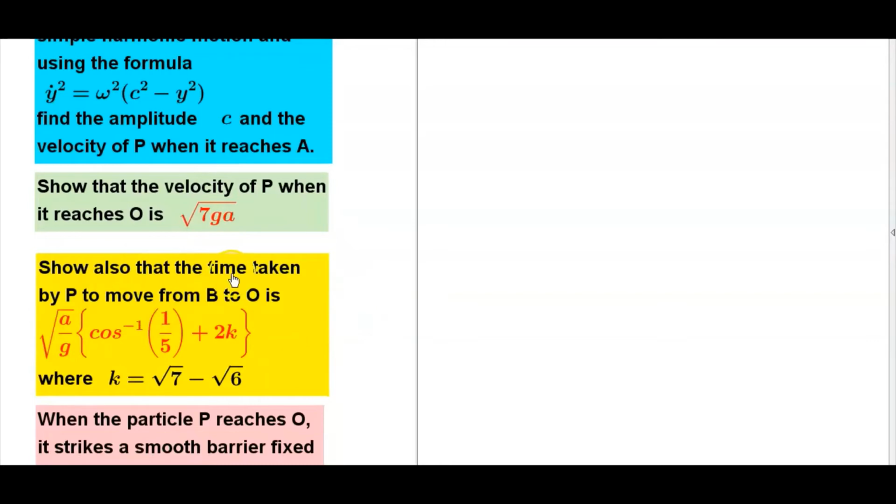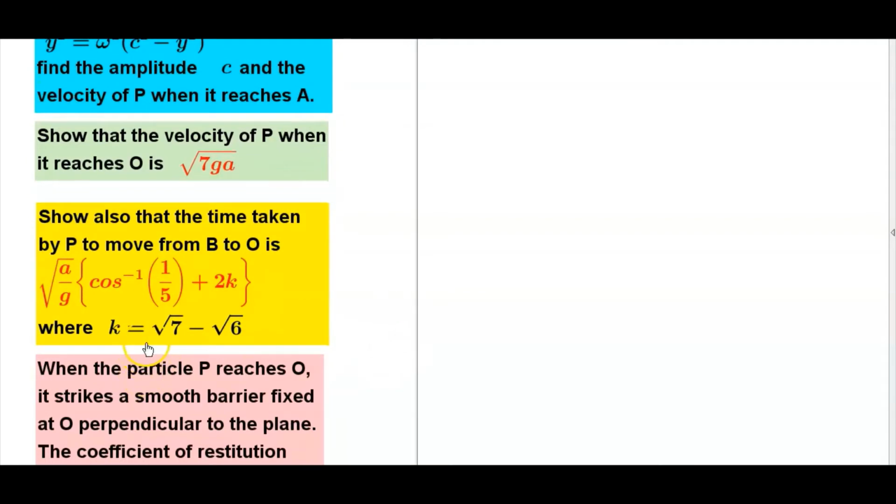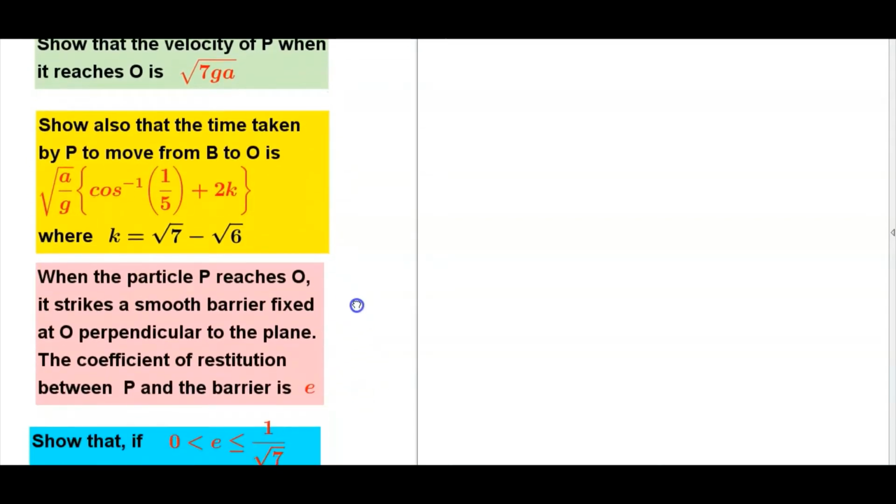Show also that the time taken by P to move from B to O is square root of a over g into cos inverse 1/5 plus 2k, where k is equal to square root of 7 minus square root of 6.